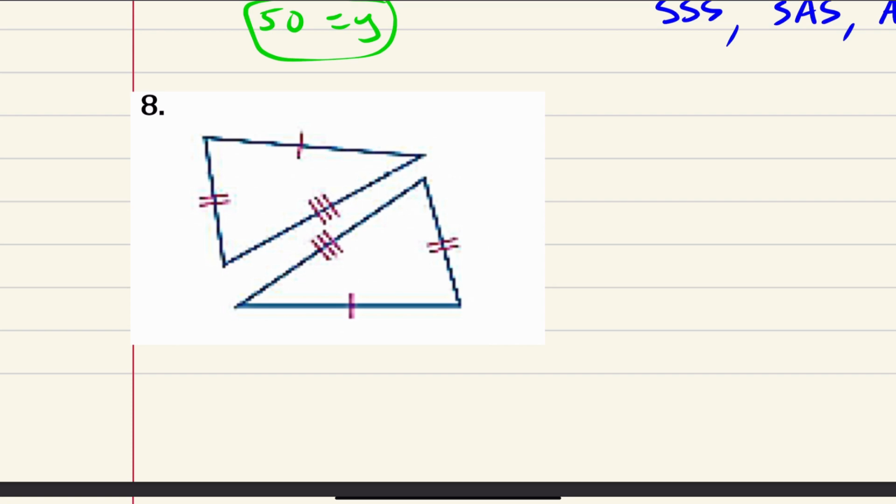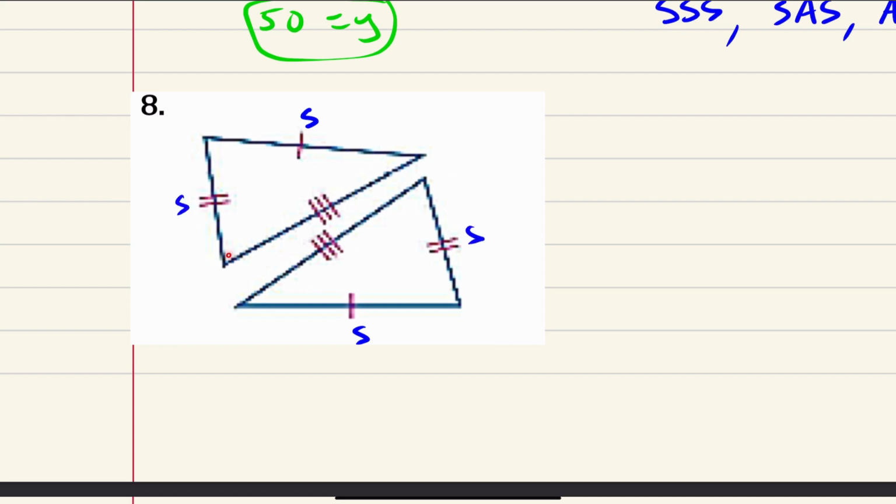So, since they do correspond and they are congruent, this side and this side are congruent, I'm gonna write a little S here and an S here, okay? Because I'm dealing with sides. And then I'm going to go ahead and take a look at this segment here. Got 2 tick marks. So this segment also has 2 tick marks. So they are indeed congruent because they have 2 tick marks.